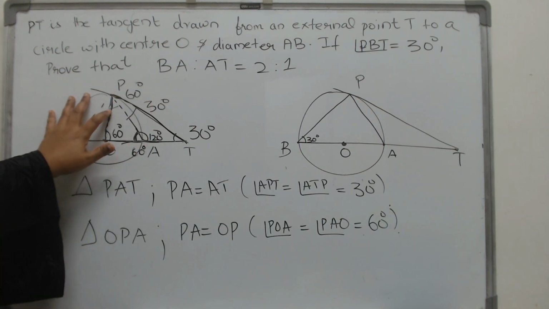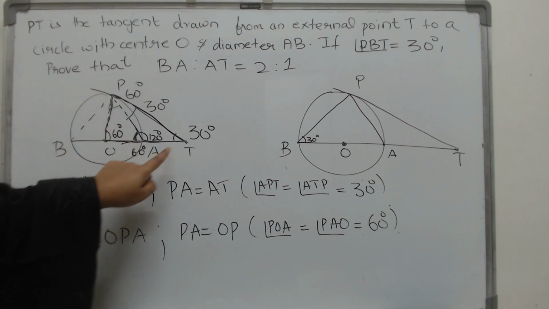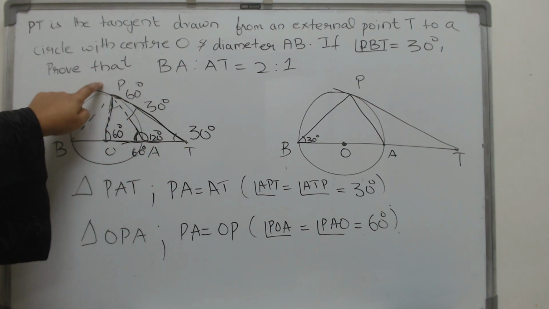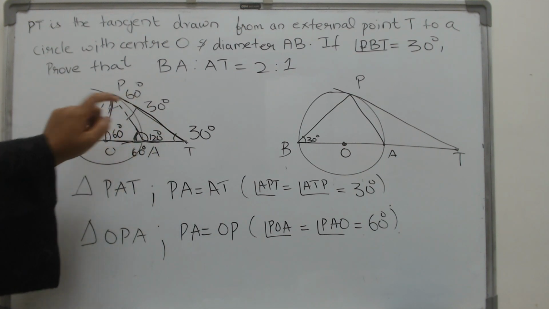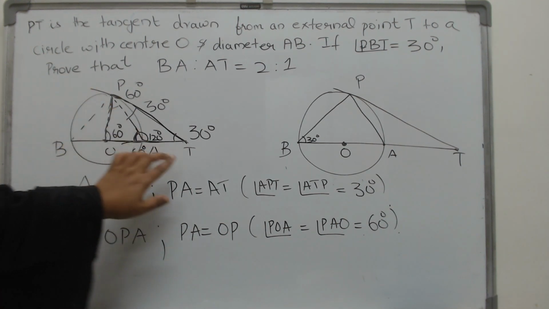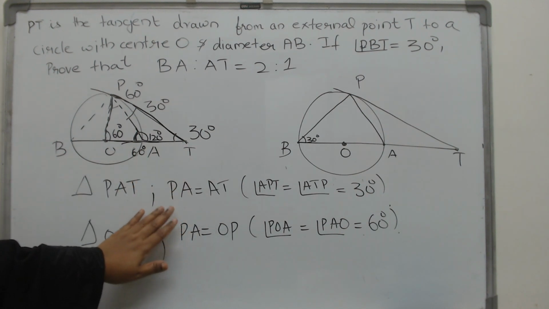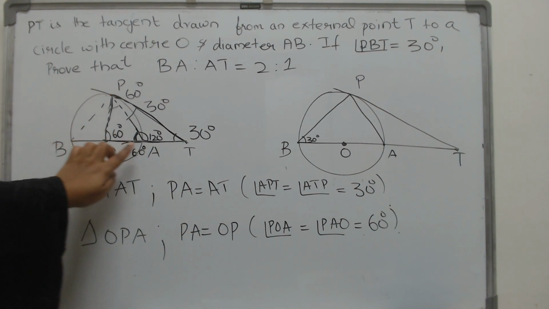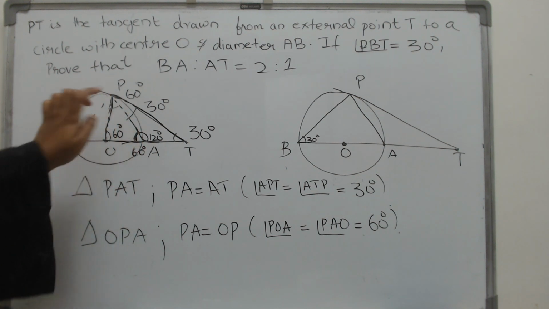So what did we prove? In this triangle PAT, we saw that these two angles are 30 degrees, which means sides opposite equal angles are equal, which means PA and AT are equal. But then if you consider this triangle POA, what did you see?